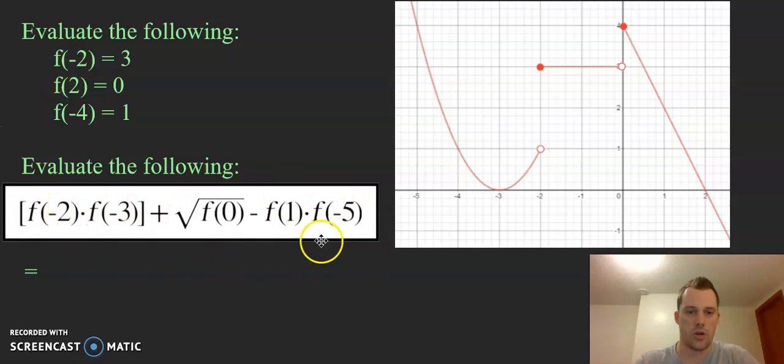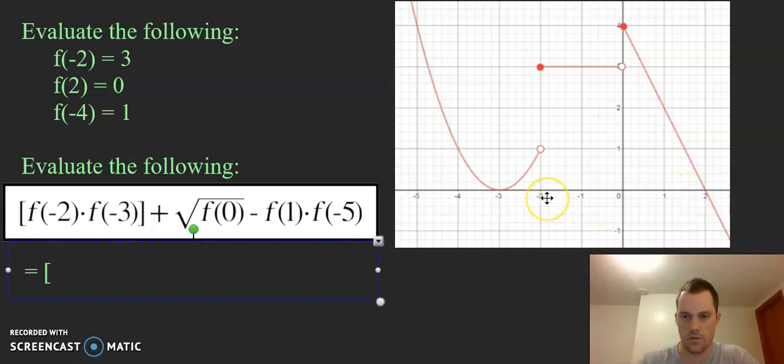If we've got a larger expression here, we want to first figure out what the values are for each of these functions. And then we substitute those in, and then we can evaluate the expression. So I'm basically just going to rewrite this and substitute in the values from our graph. So f of -2.